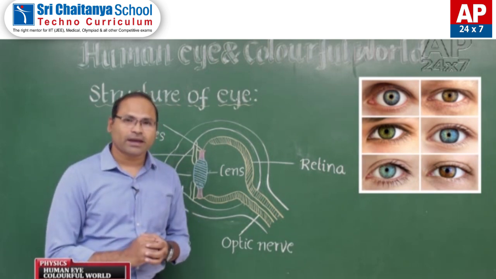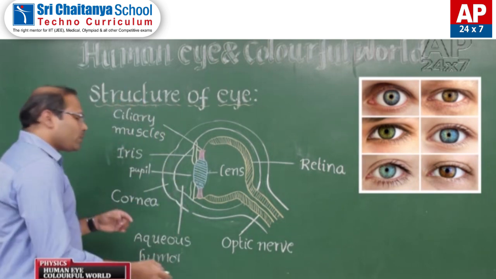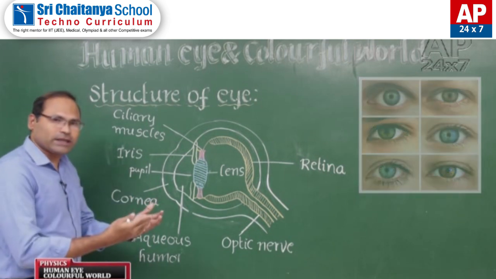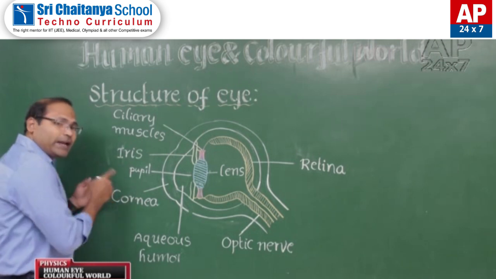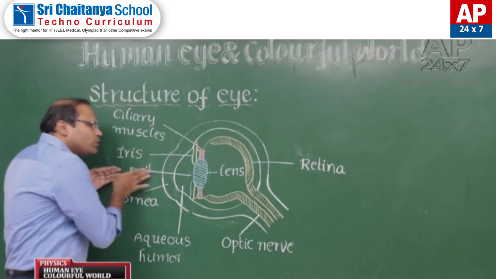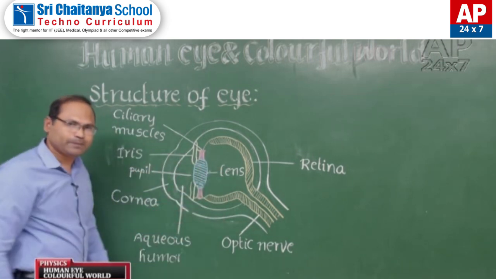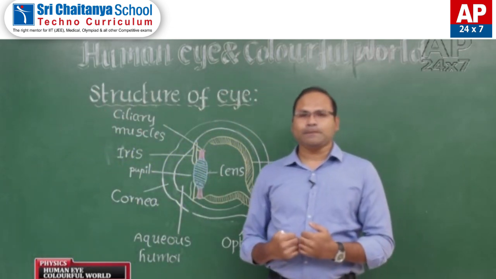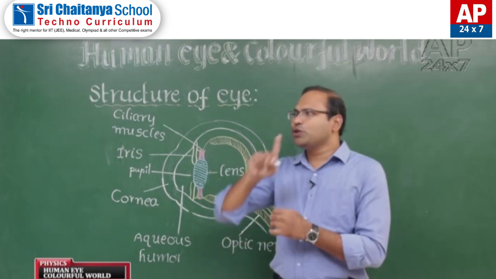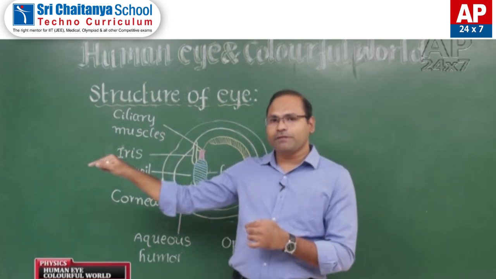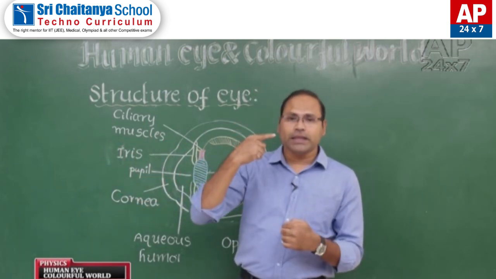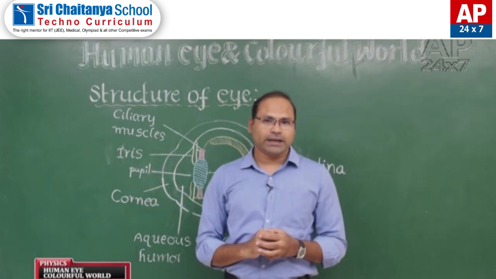You know why? Whatever objects we are observing, the light from that object will pass through this pupil into the eye. Once again, I am repeating. We all know that to see any object, light should fall on that object, and after reflecting from that object, the light will enter our eye, then only we can see things, right?